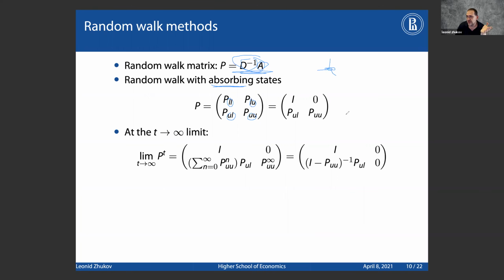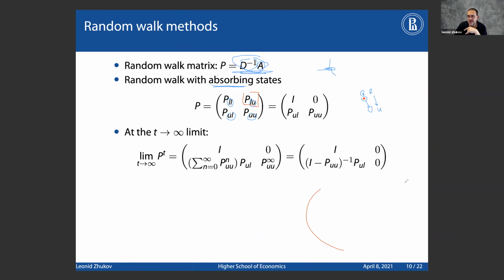That's all possible transitions in general. But remember, labeled nodes are absorbing nodes, so there is no way to get from labeled to unlabeled, because the moment somebody gets onto a labeled node, it never leaves.